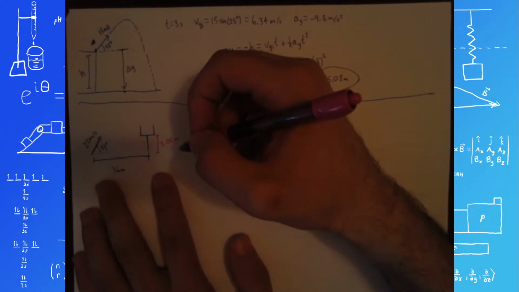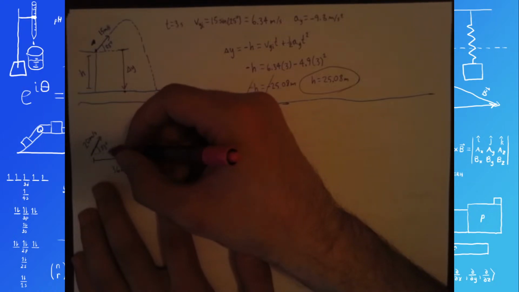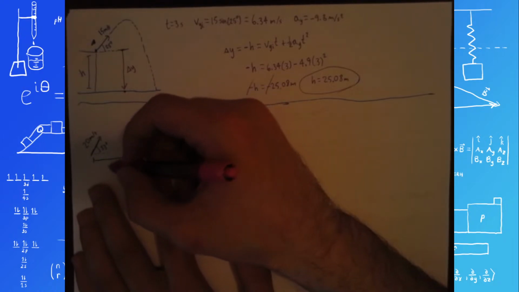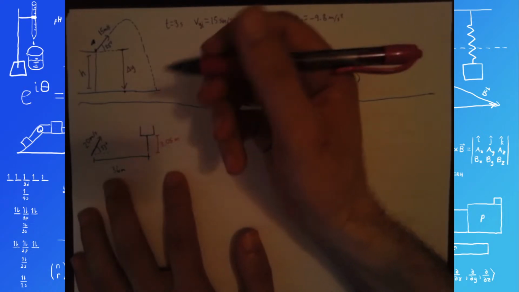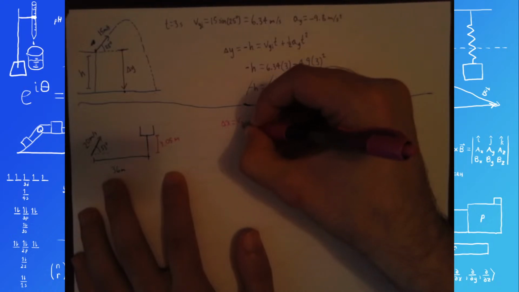So I'm going to solve for time using my horizontal information, and I actually can do that because I know initial velocity and I know the angle, which means I know the x velocity, and I know the x displacement, so I can solve for the time. Delta x equals vx times t.